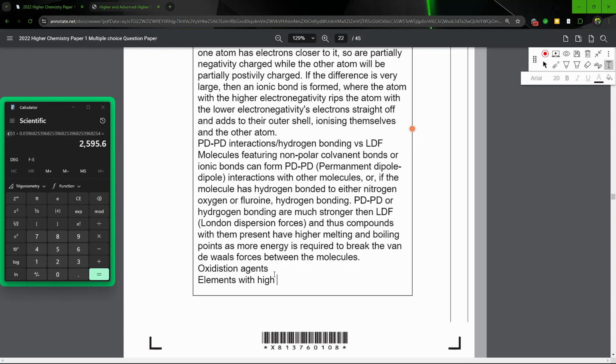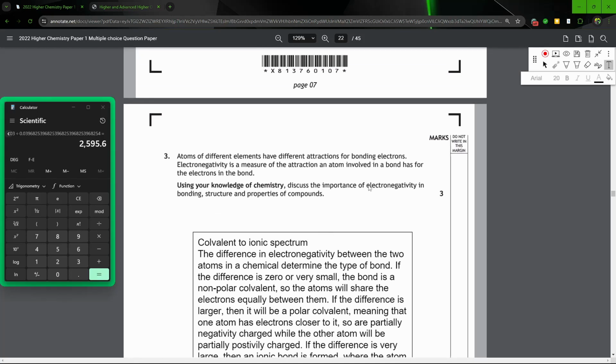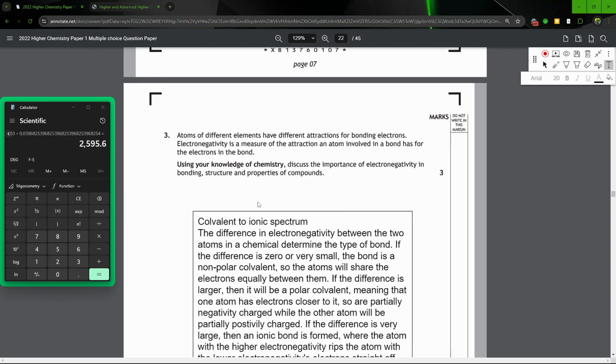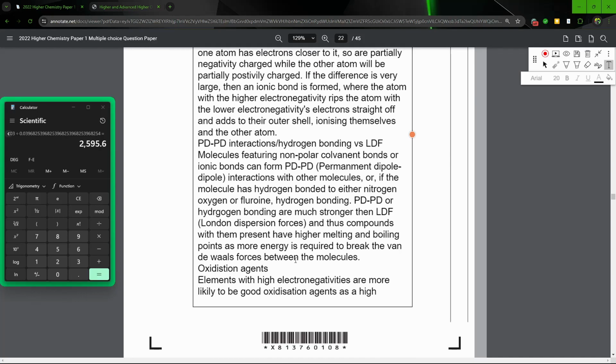Elements with higher electronegativities are more likely to be good oxidation agents, as a higher electronegativity means... One thing I probably actually forgot is that if you're doing something specific like electronegativity, you really want to give a definition of electronegativity.